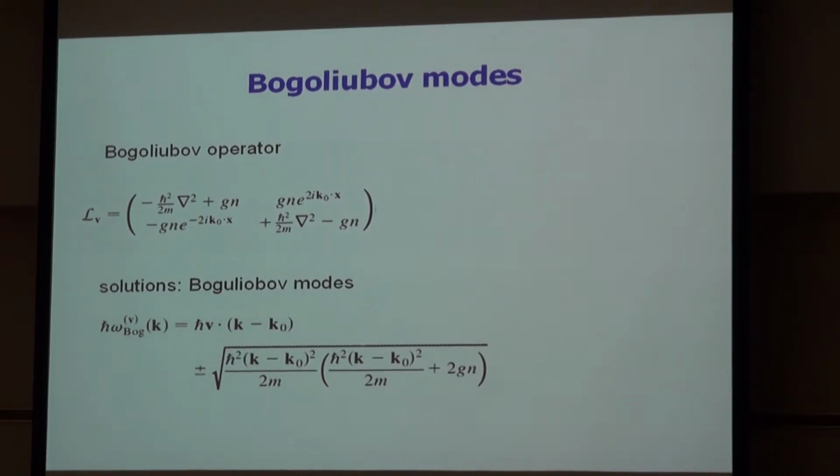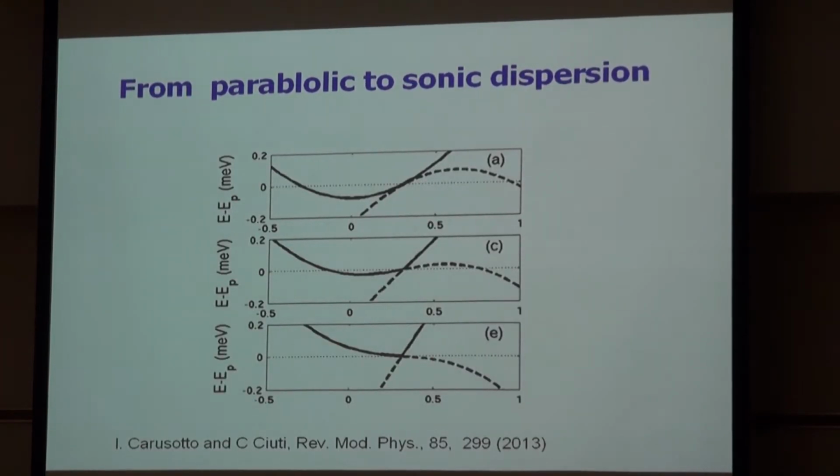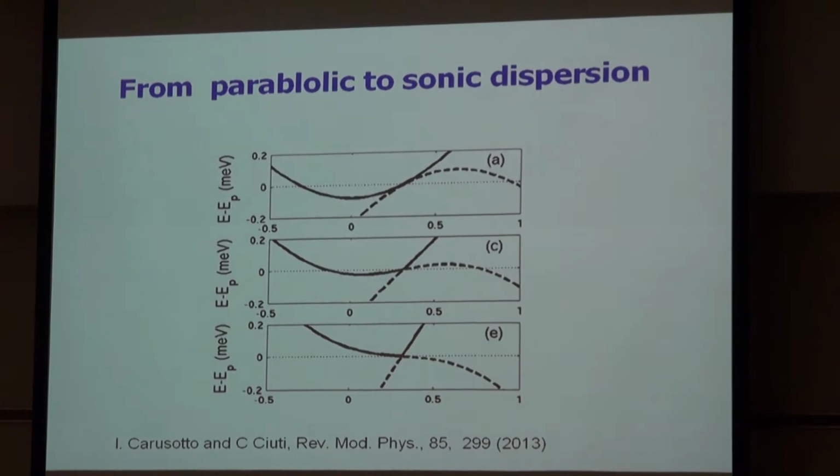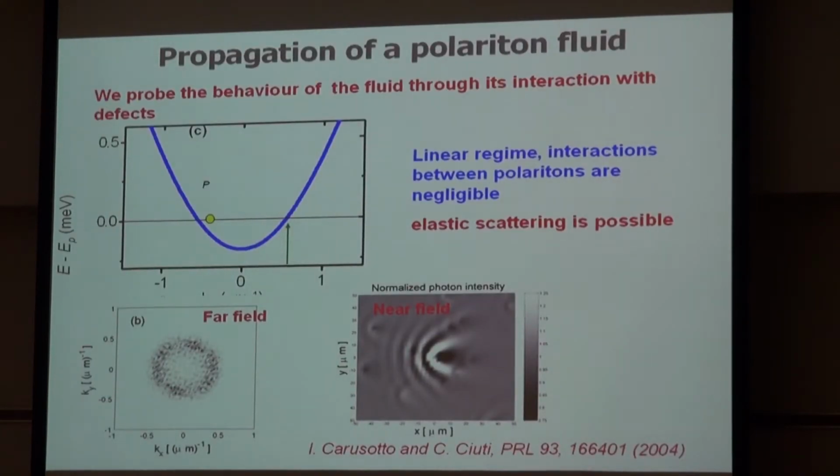The same equation allows you to write a Bogoliubov operator and find the Bogoliubov modes, which in the case of our polariton dispersion curves allows us to predict this behavior where, due to these Bogoliubov modes, there is an appearance of a linear behavior of the dispersion curve, which then allows us to predict superfluidity.